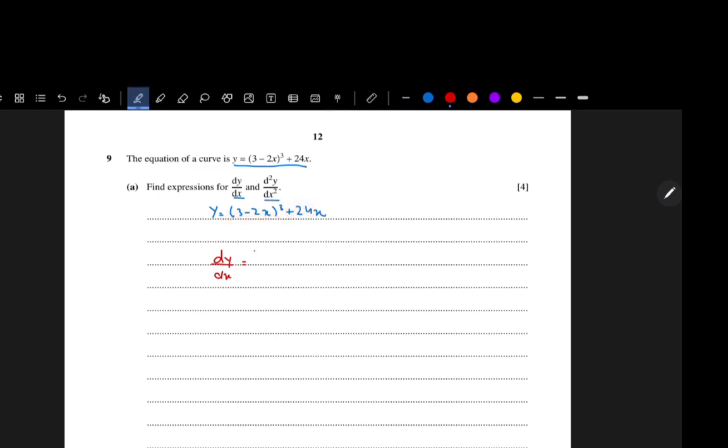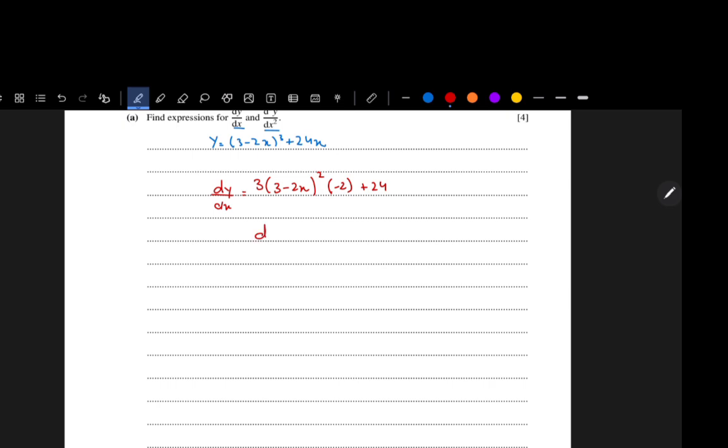So applying this will give us 3 into (3 minus 2x) squared into minus 2, which is the derivative of the inside term, plus 24. Solving this will give us dy upon dx equals minus 6 into (3 minus 2x) squared plus 24.